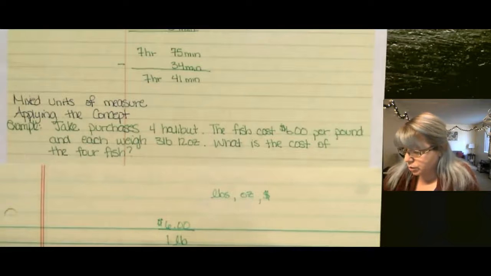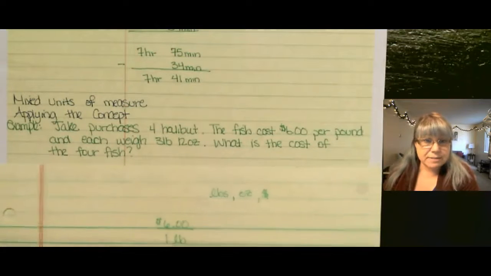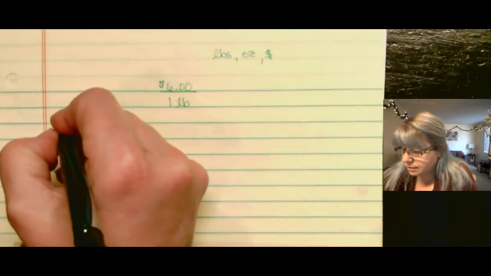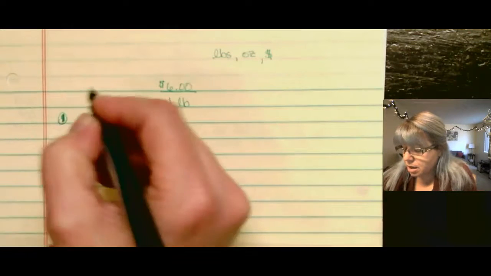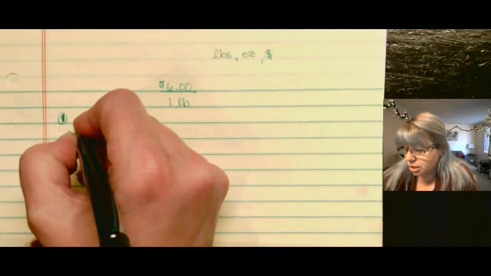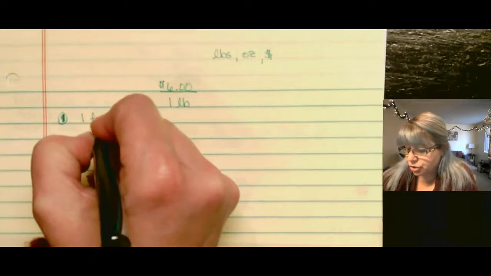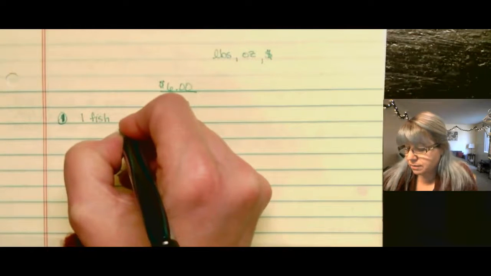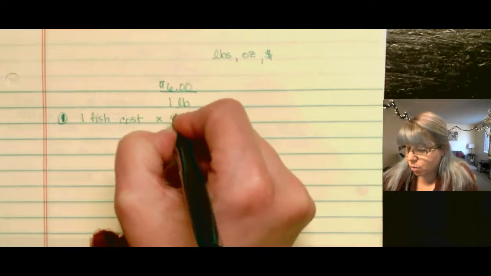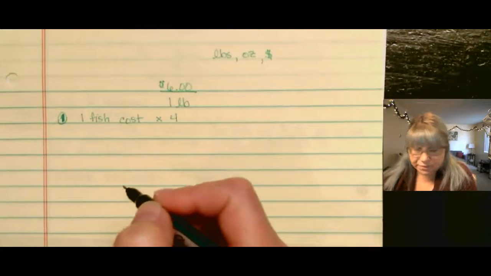So we can do it one of 2 ways. First way, we can figure out how much 1 fish will cost, and then we multiply that by 4, because we have 4 fish.